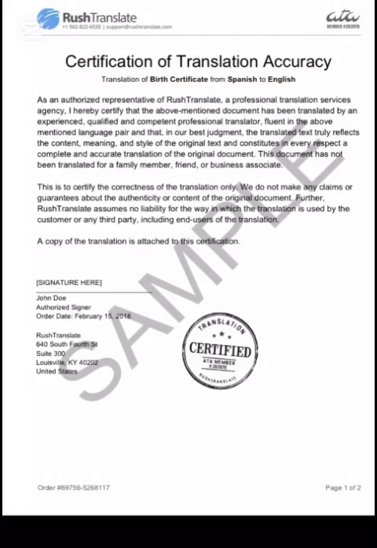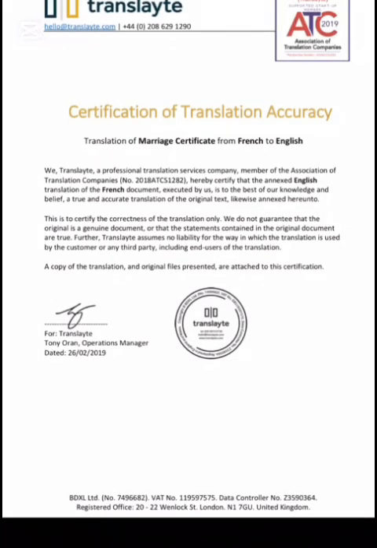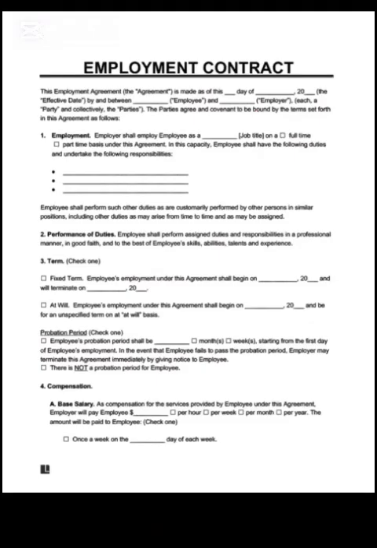Some examples of these documents are birth certificates, marriage and divorce certificates, contracts, among others. Inaccurate legal translations may cause legal consequences for those clients. That's why legal translations should only be done by experienced legal translators with the necessary judicial terminology knowledge.